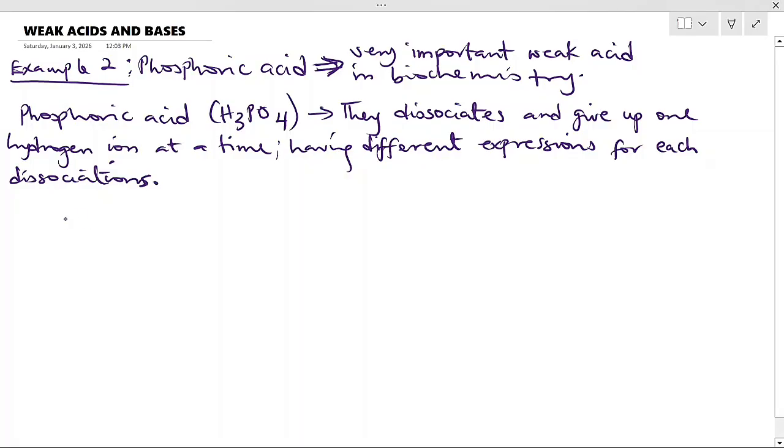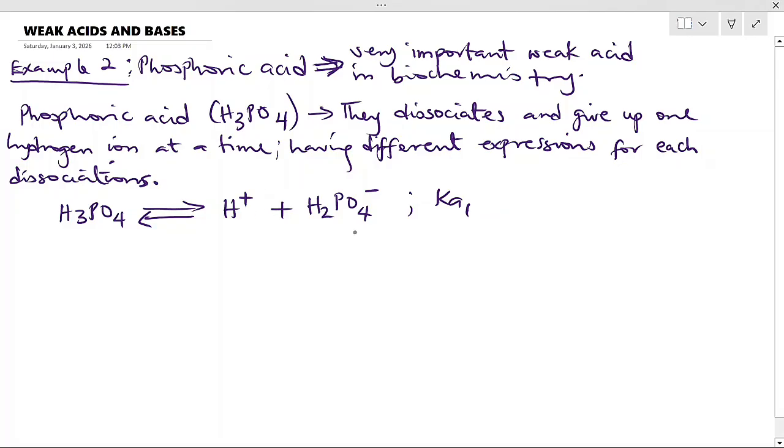So phosphoric acid, which is H3PO4, dissociates in solution as a weak acid, releasing the first proton and leaving H2PO4 minus. And this forms the first acid dissociation constant, Ka1.